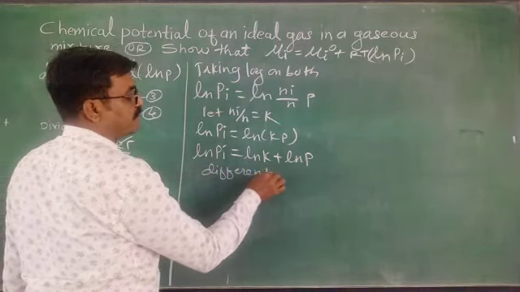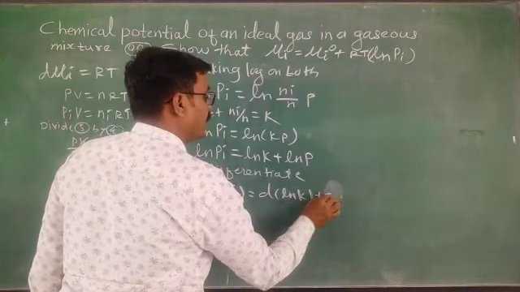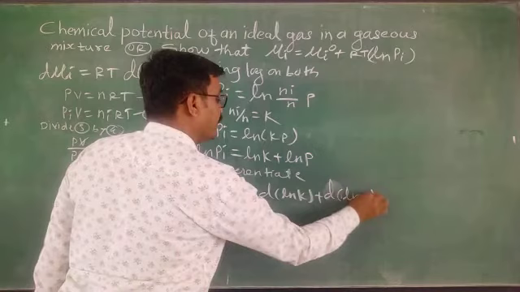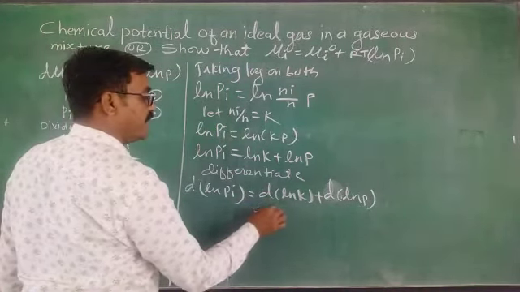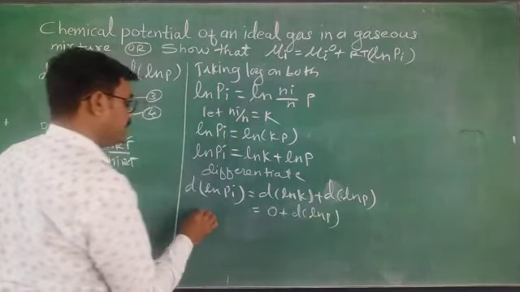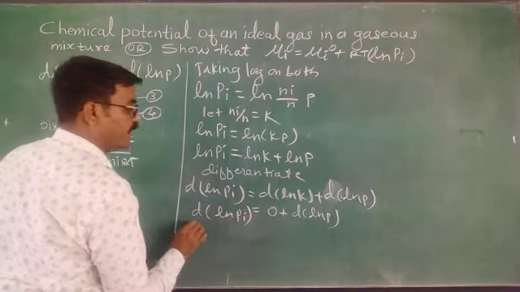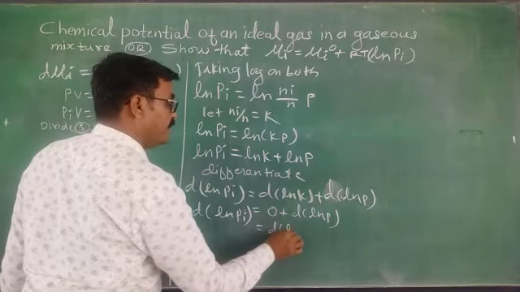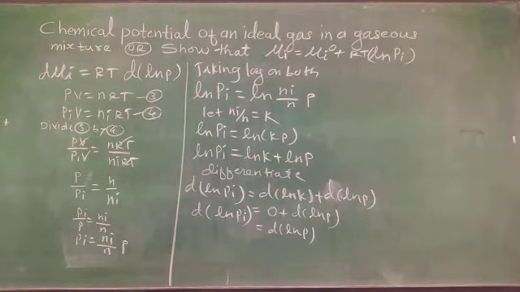That's why the derivative of ln Pi is the derivative of ln k plus the derivative of ln P. But k is a constant, so the derivative of ln k is 0, plus the derivative of ln P. This means the derivative of ln Pi is equal to the derivative of ln P. Getting it?